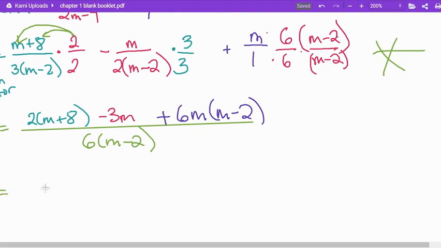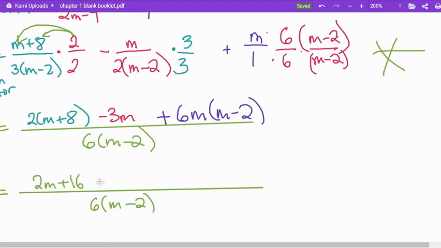Page 13. Okay, so in the denominator now, folks, I'm not expanding. I'm keeping it factored in case there's something I can cancel out. So I've got 2m plus 16 minus 3m plus 6m squared minus 12m.